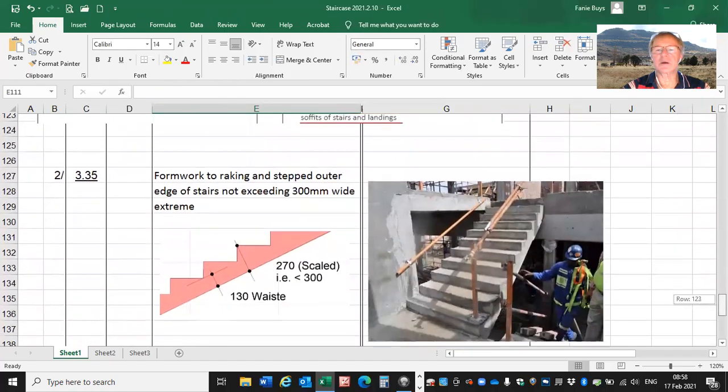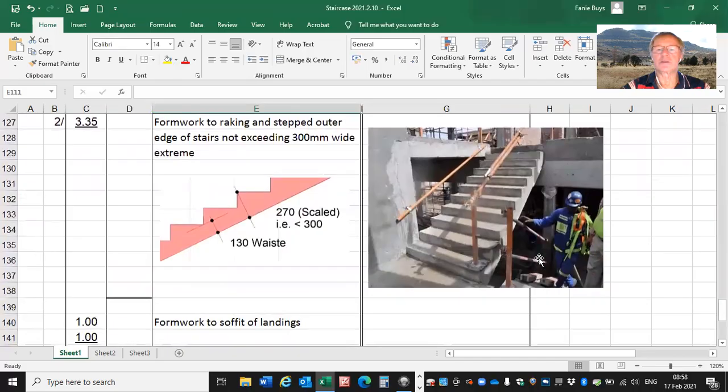The next item now is for the formwork to form this edge, or to the edge of the staircase. Now, if you look at that there, that is the shape of that, right? So it's a formwork to this area of the staircase. And we describe it as formwork to raking and stepped.